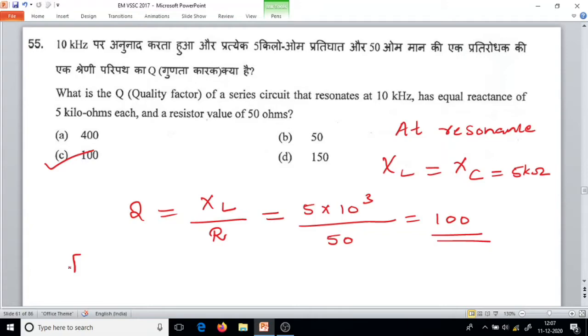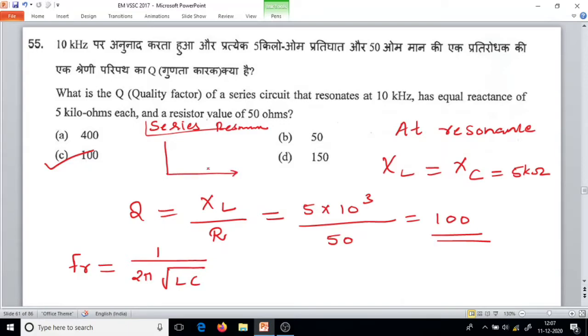What is the resonance frequency? The equation for resonance frequency, FR equals 1 divided by 2 pi root LC. In series resonance, what happens to the current?